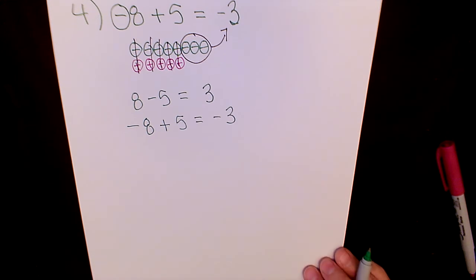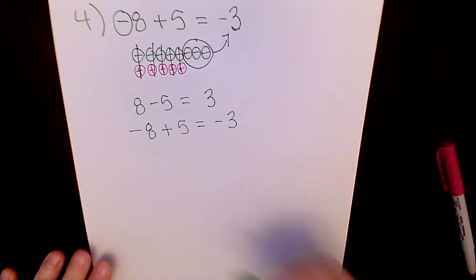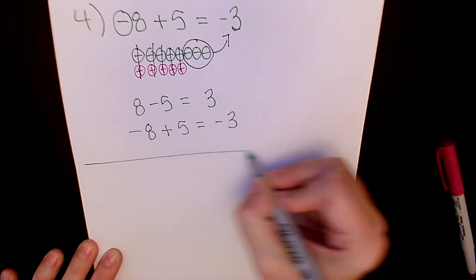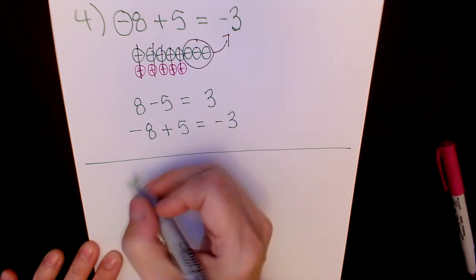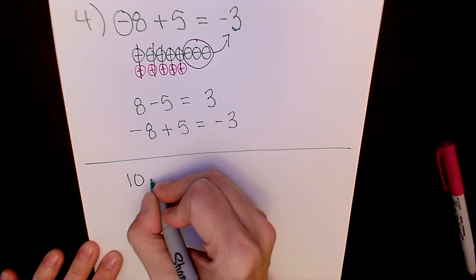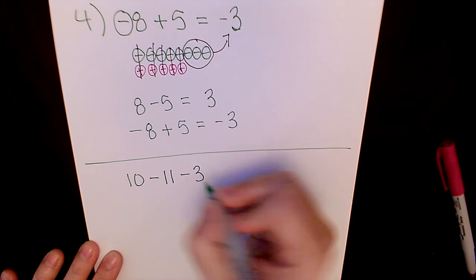Okay, and again we did these in the last section, so hopefully that's just a review for you. We're also going to put some numbers together. So what if I had 10 minus 11 minus 3?